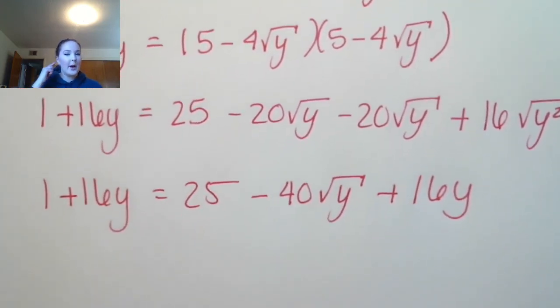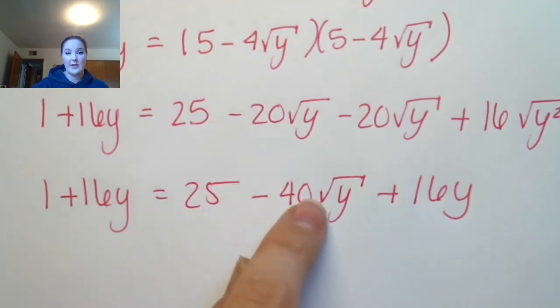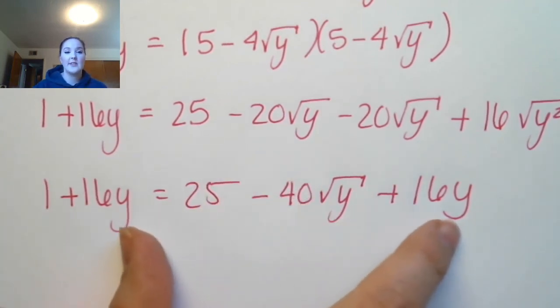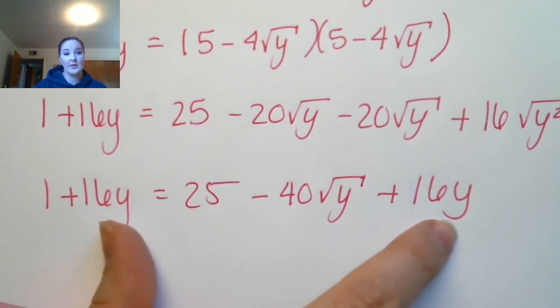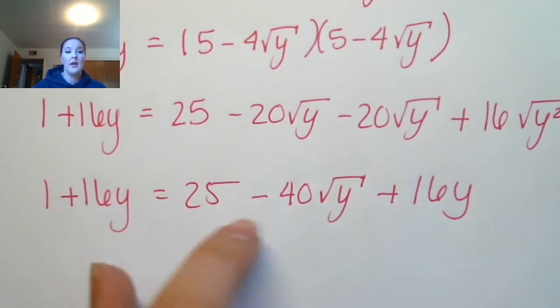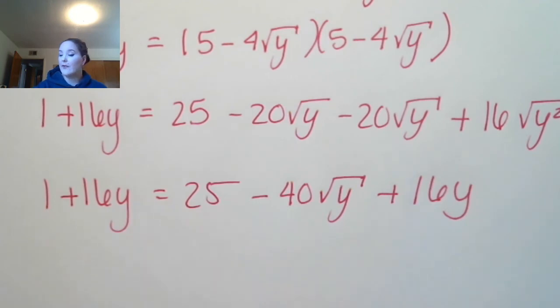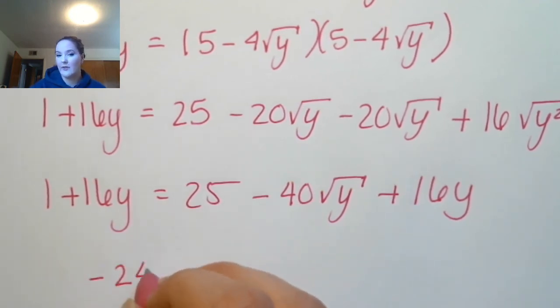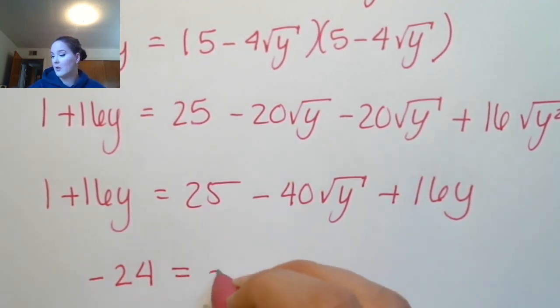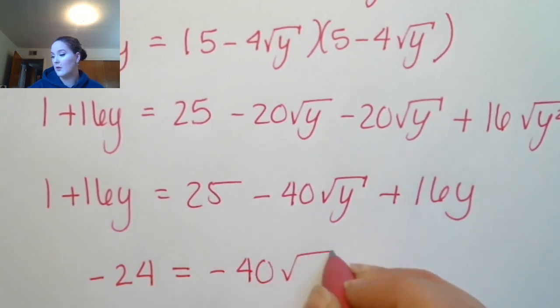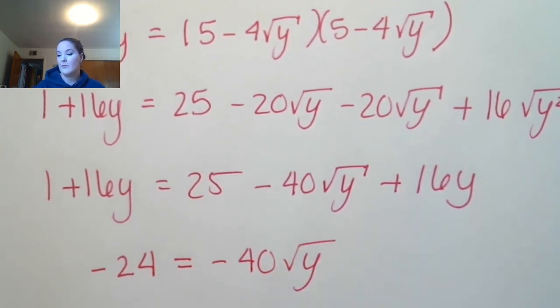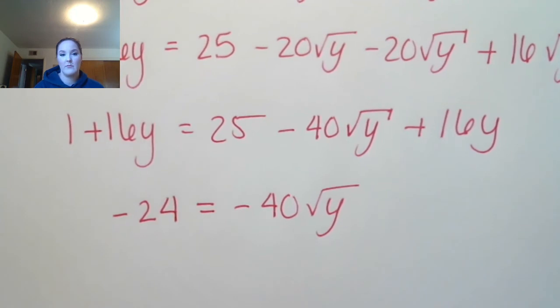Okay, so now I'm going to move all of my terms to one side, right? I'm trying to isolate this square root. So I'm going to subtract 16y from both sides. That actually leaves me with 0. And then I'm going to subtract 25 from both sides. That leaves me with negative 24. Okay.